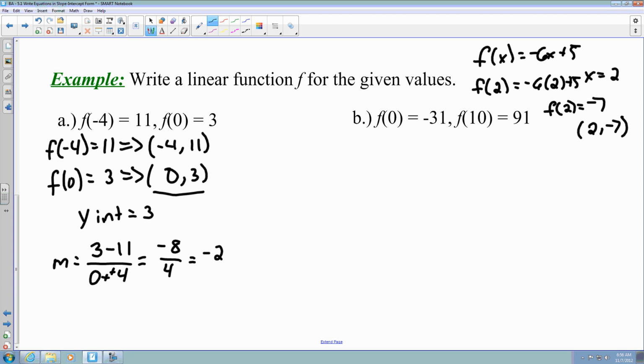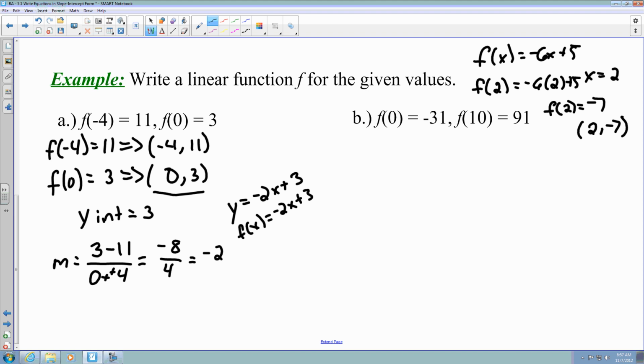So writing this equation, we'll have y equals negative 2x plus 3. And if they want you to write it as a function, you can write it like f of x equals negative 2x plus 3. I'll accept both answers. Okay, last example.